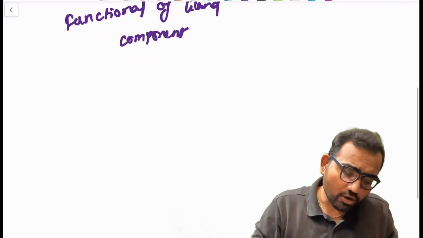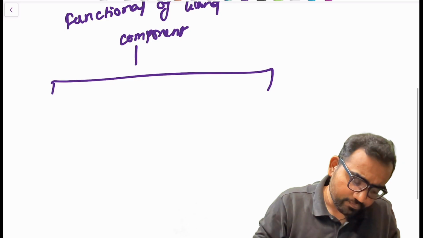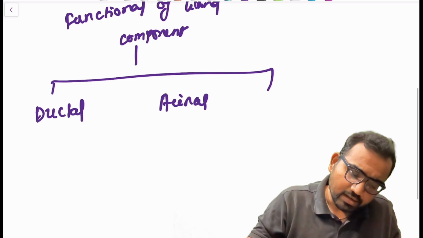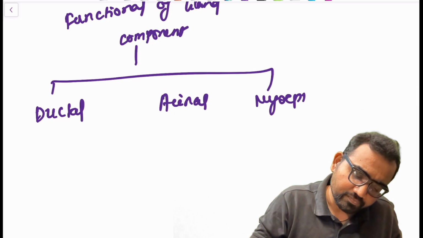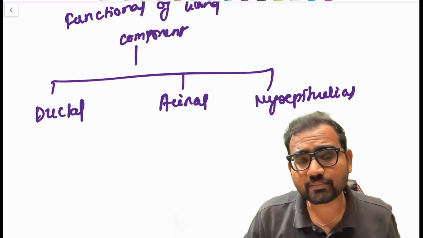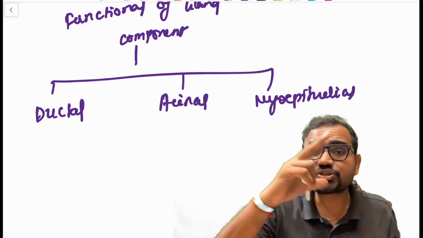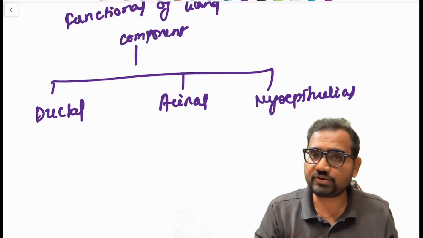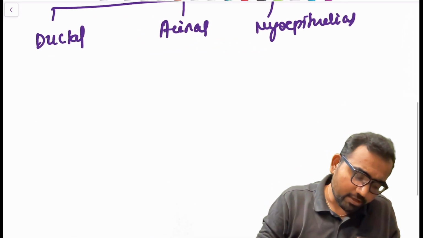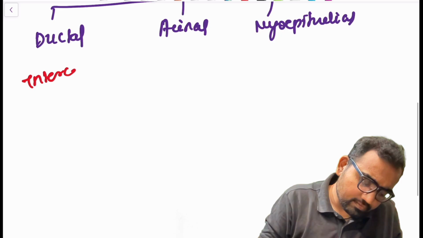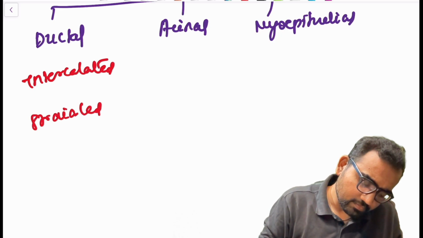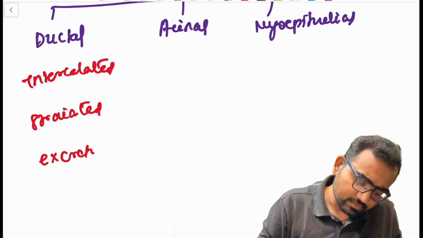So parenchyma of the salivary gland can be of ductal, acinar, and myoepithelial cells. As I told you, parenchyma, functional component. Now these cells should have functions, right? So the ductal cells can be of intercalated, striated, or excretory ducts.